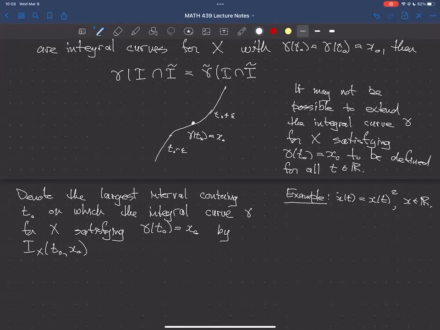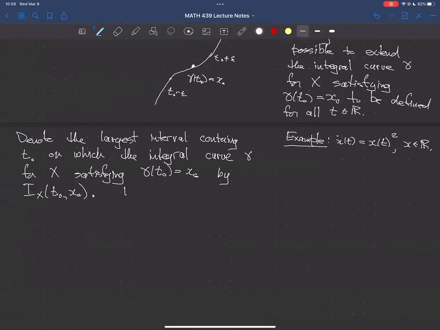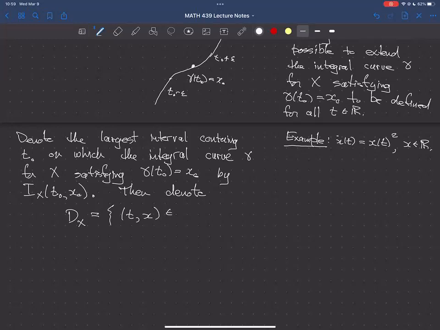Then we're going to denote D of X to be the set of all t's and x's in R cross M such that t is in I of 0, x.